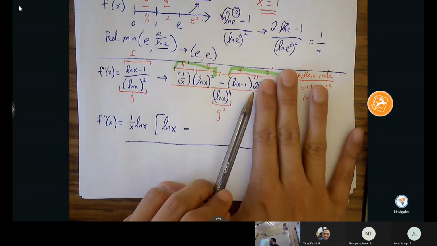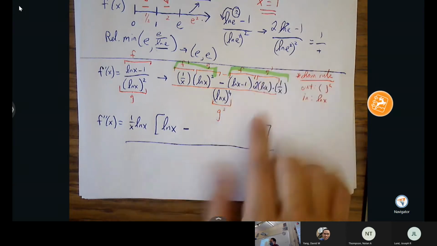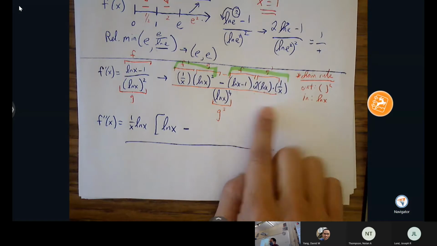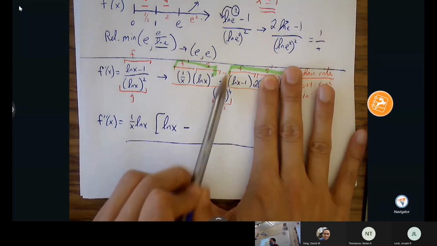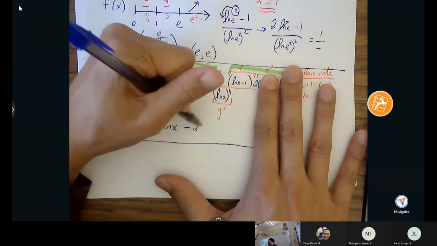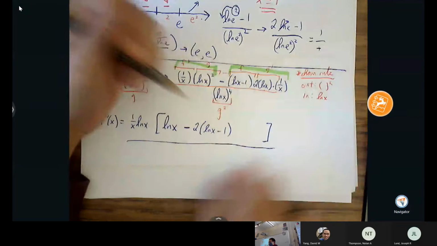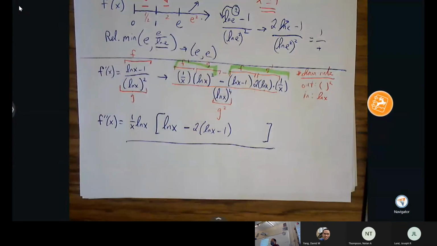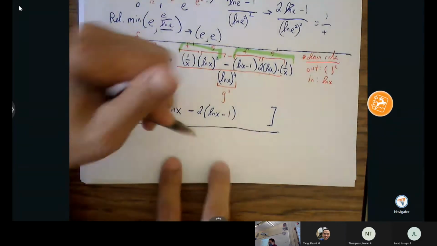I'm left with this and this, right? I'm going to put the 2 in front to make it easier for me to distribute later on. The nice thing about multiplication is that I can rearrange it in whichever way is easy. All over denominator to the 4th.